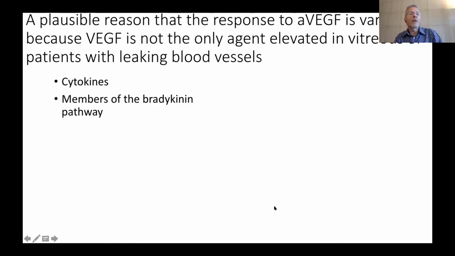Okay, so now back to this question of why anti-VEGF does not work in everybody. A plausible reason for the variability is that VEGF is not the only agent elevated in the vitreous of patients with leaking blood vessels. So there's more than one thing that can make blood vessels leak. Some of these other things include cytokines and members of the bradykinin pathway, both of which are elevated in some patients with eye diseases.